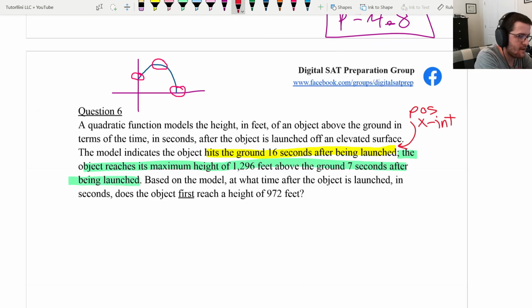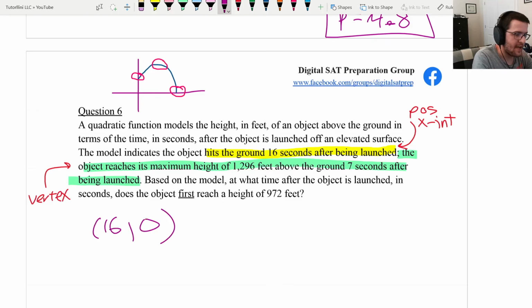So this guy tells you the vertex. So x-intercepts always have y of 0. So hits the ground at 16 seconds. So that's the point 16, 0. And then time is always x. So this one, it's not 1296, 7. It's 7, 1296.